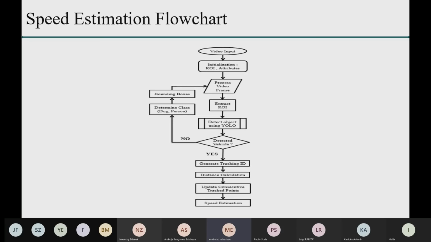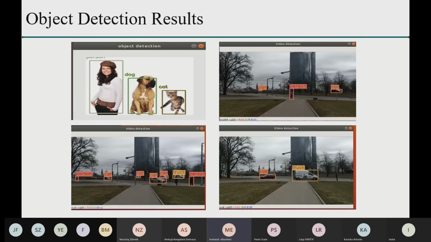It checks if the detected object is a vehicle, and if it is, then it generates the tracking ID, calculates the distance, updates the consecutive tracked points, and then speed is estimated through the distance calculation formula within the algorithm. A few results obtained from the object detection look like this.